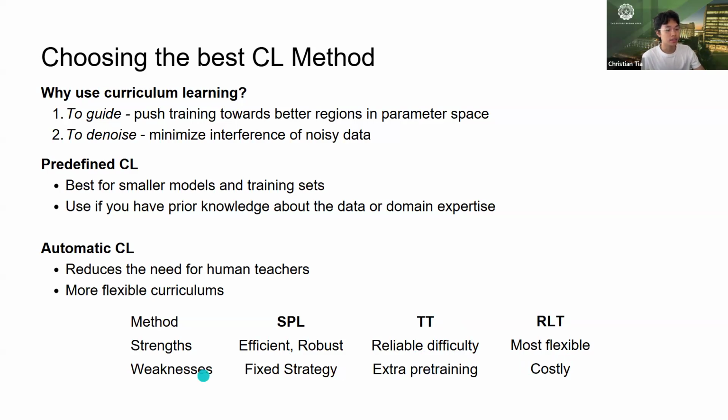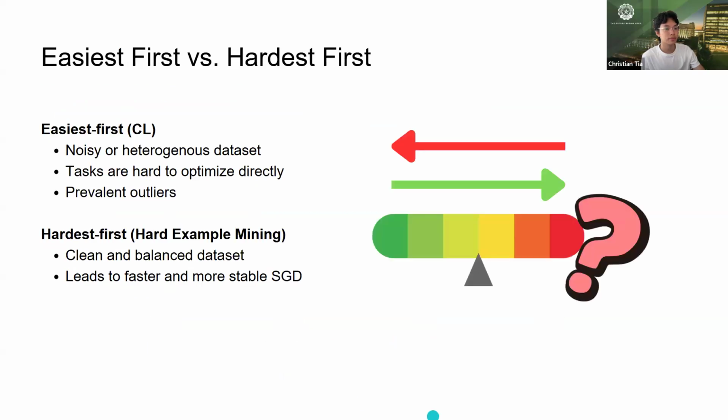However, the weakness is that you need that extra pre-training, which could add some training time to your overall process. And finally, we have the RL teacher, which is the most flexible. However, it is very costly both in terms of time and resources, especially if you're doing deep reinforcement learning. So that's a consideration you need to have.